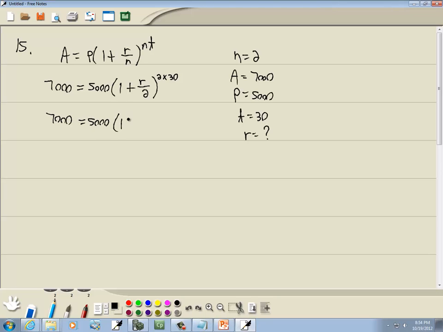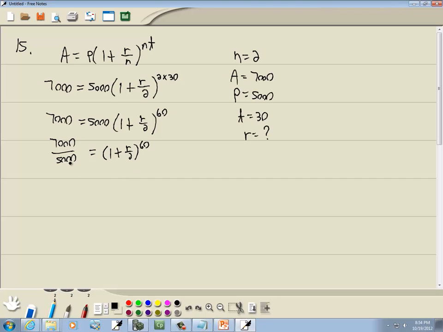Again, I'm going to do a little bit of math here. 2 times 30 is 60. Now we're trying to get R by itself. That's our goal. We can get a step closer by dividing both sides by 5,000. So we got 7,000 divided by 5,000 equals 1 plus R over 2 to the 60th power.